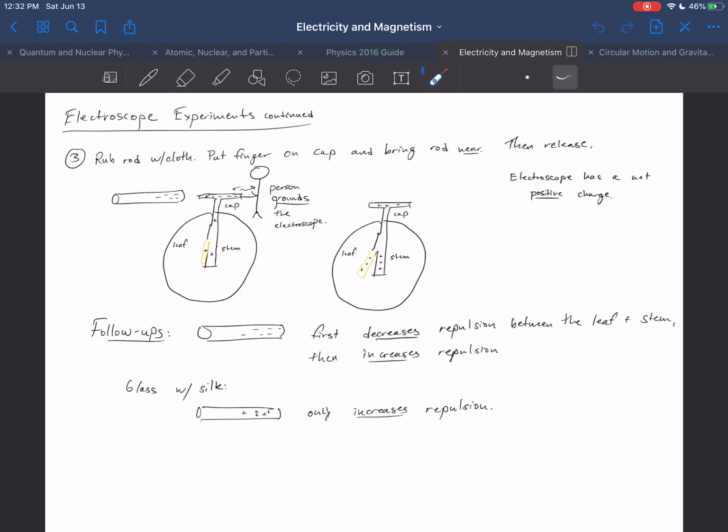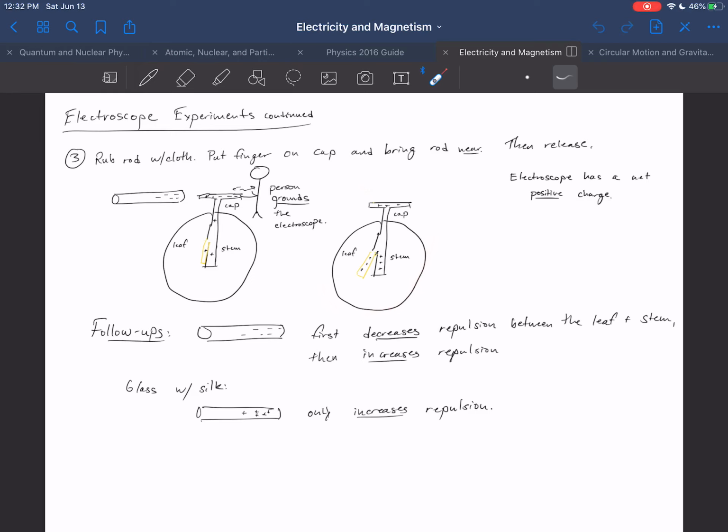But now the electrons in the electroscope don't have to retreat down into the leaf and the stem. They have another path. They have another place to go. Those electrons then retreat into the person. The person then takes their finger away at the same time that the rod is brought away, and what you are left with is net positive charge on the electroscope.